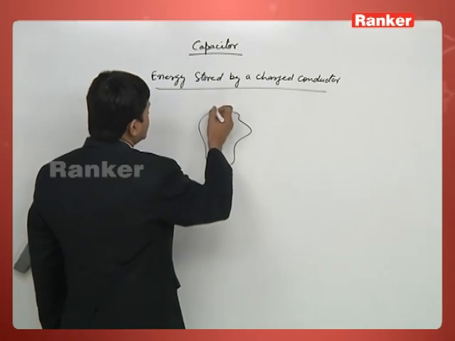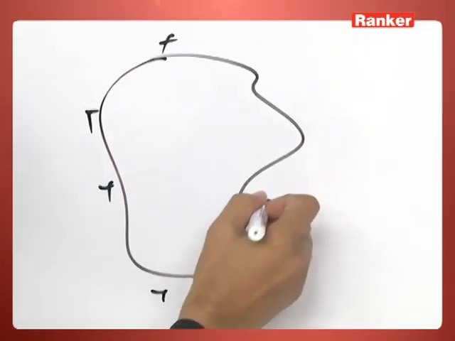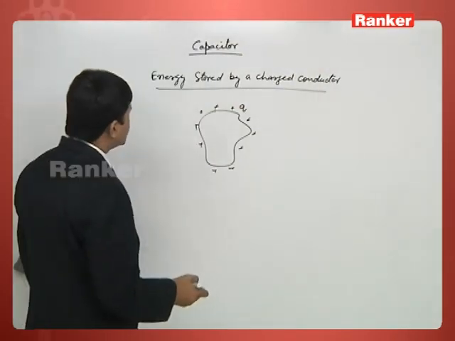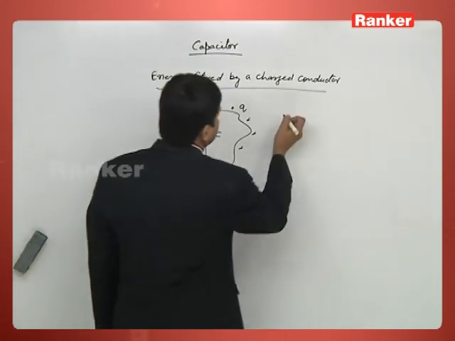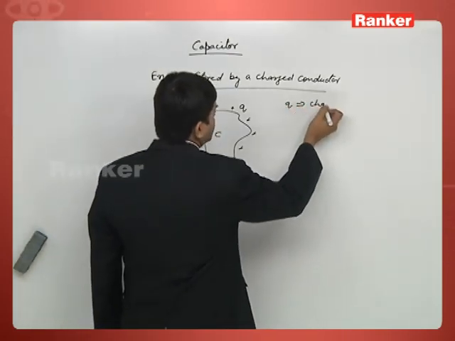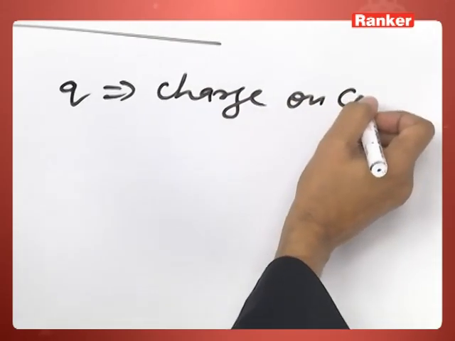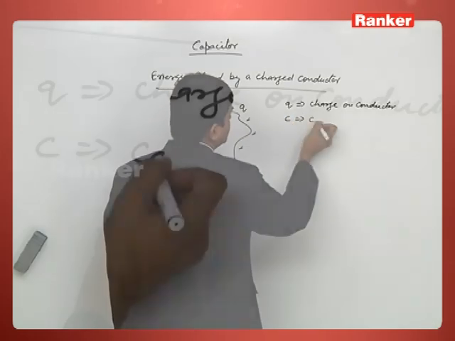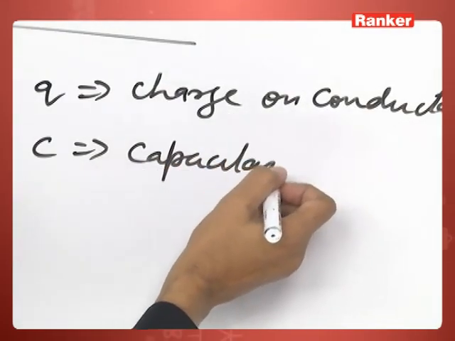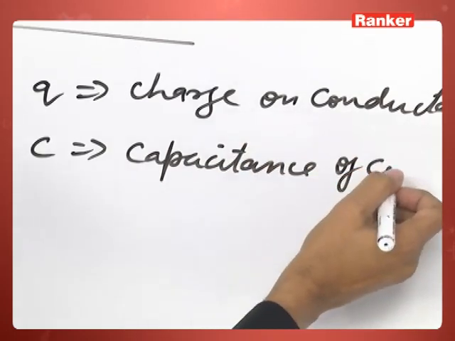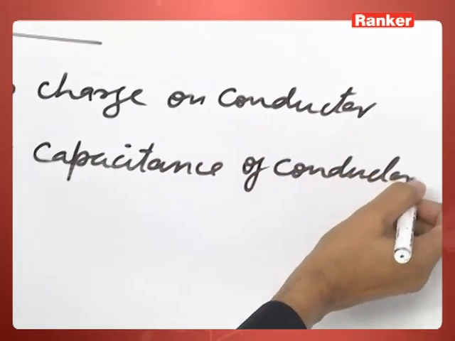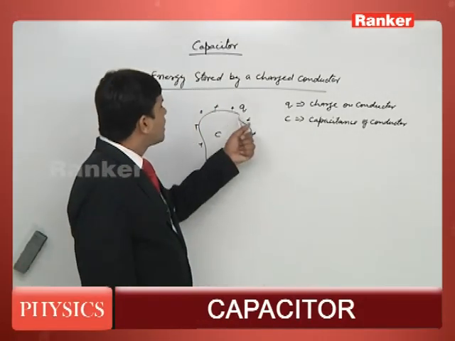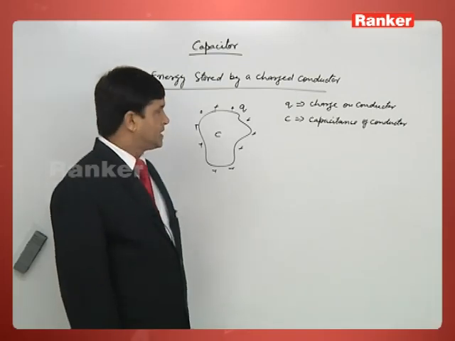Suppose this is a conductor having certain charge Q, and its capacitance is C. Q is the charge on the conductor and C is the capacitance of the conductor. So the first thing is how the charge has come and how it stores energy.